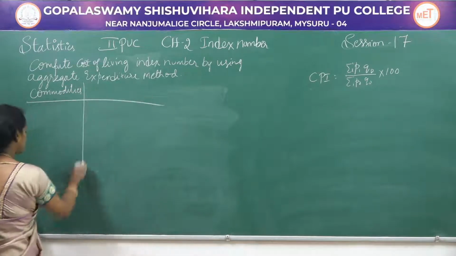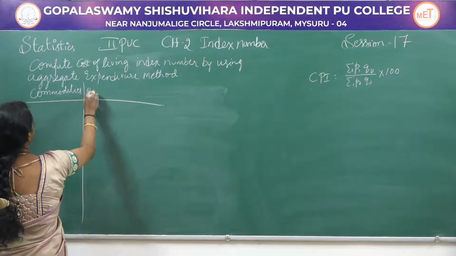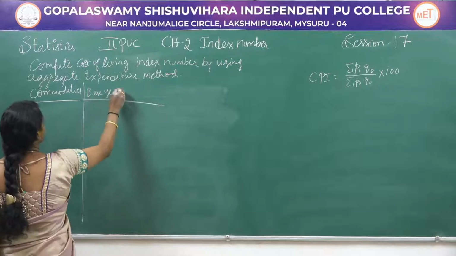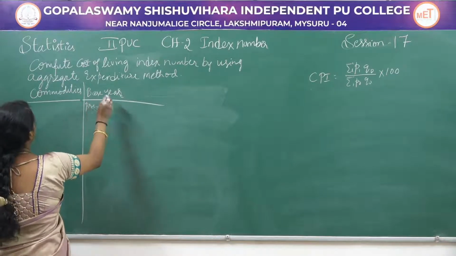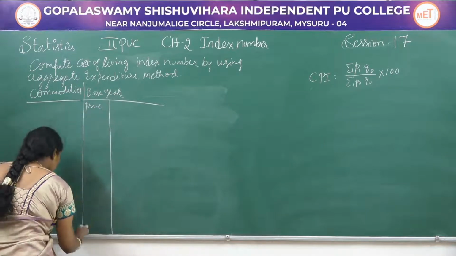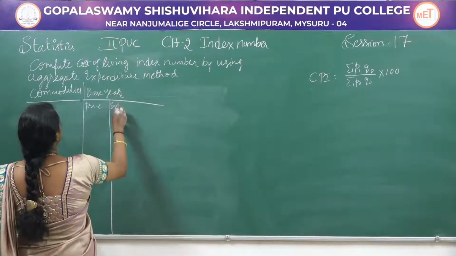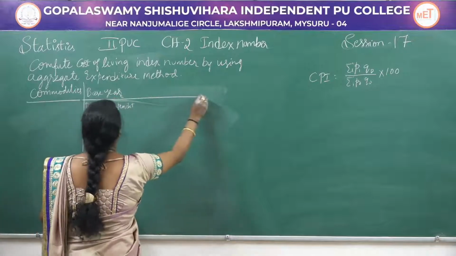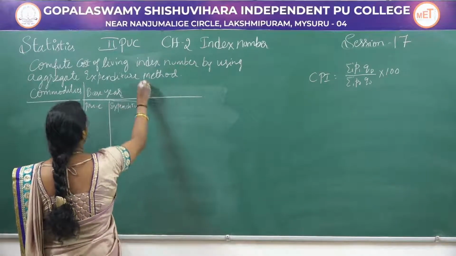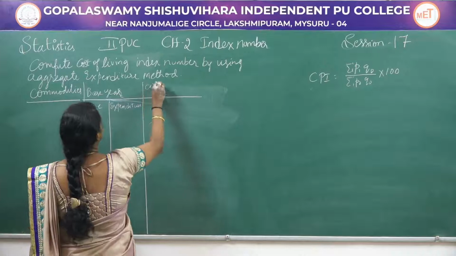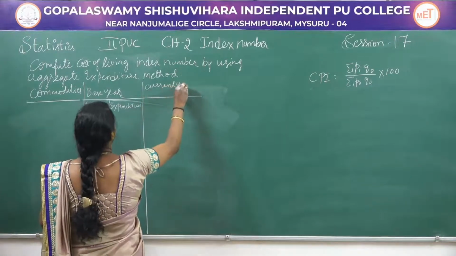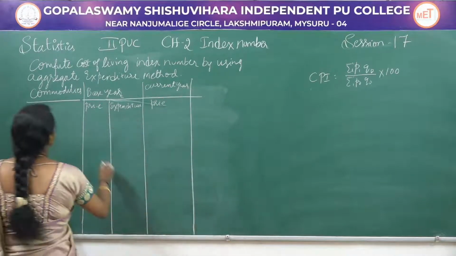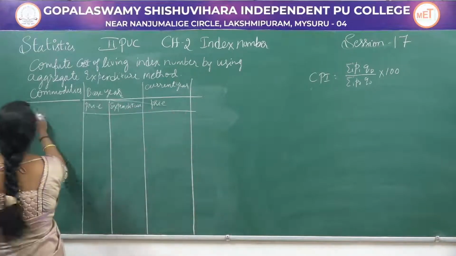Columns: commodities, base year price, expenditure, current year price. So, I will write down the commodities for this.